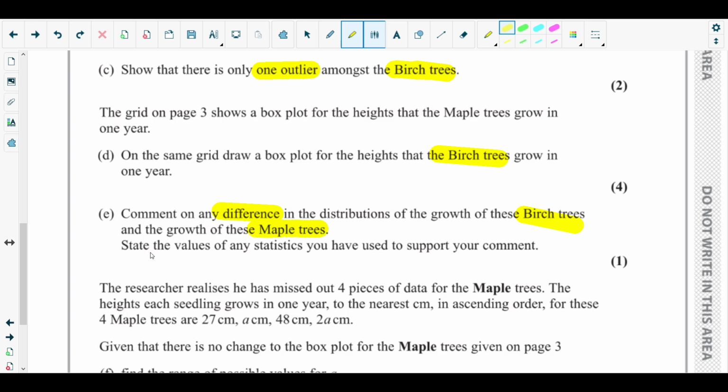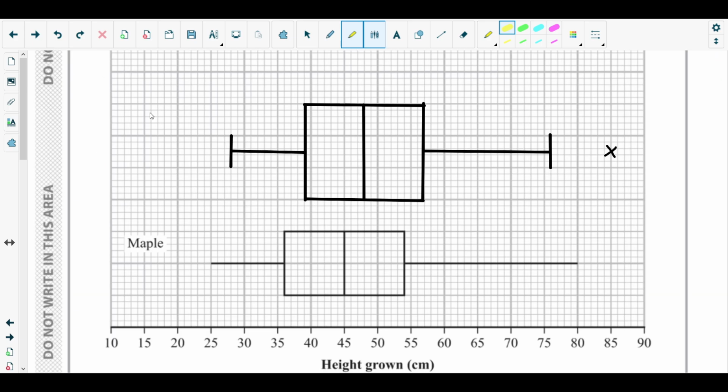They have given a hint: state the values of any statistics you have used to support your comment. So we need to consider whether there is any difference between the distributions of the birch trees and maple trees. Let's see from the box plot.